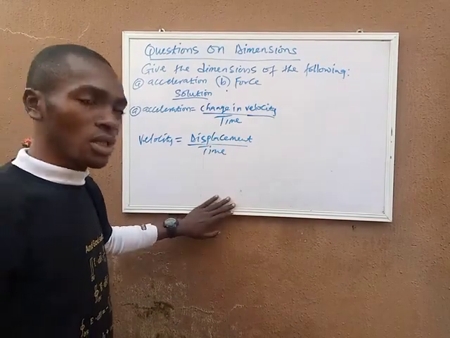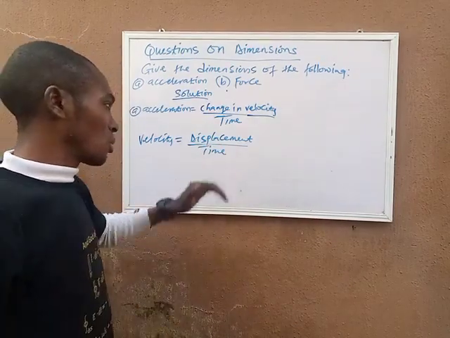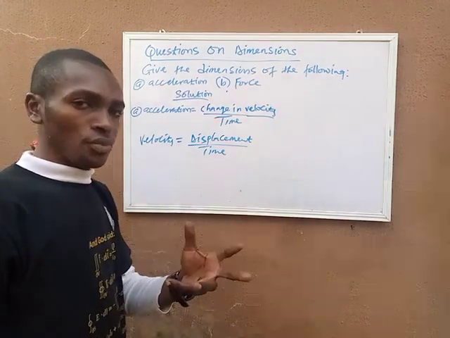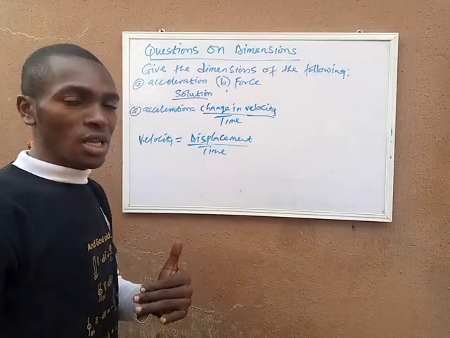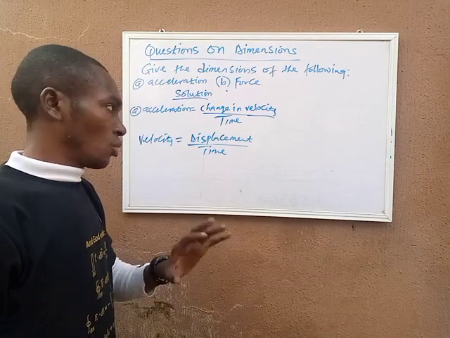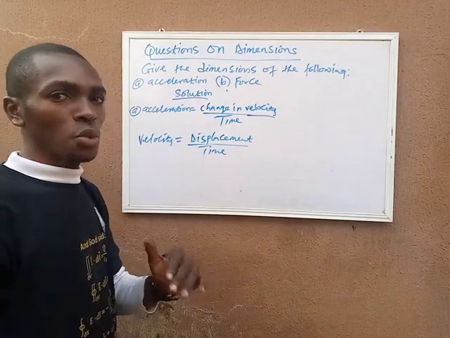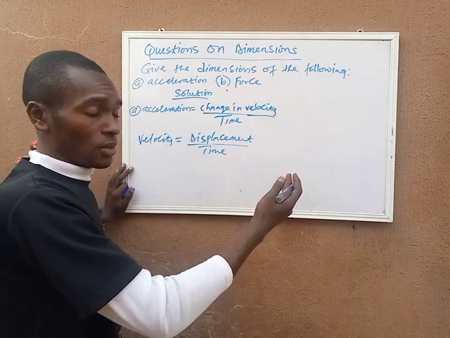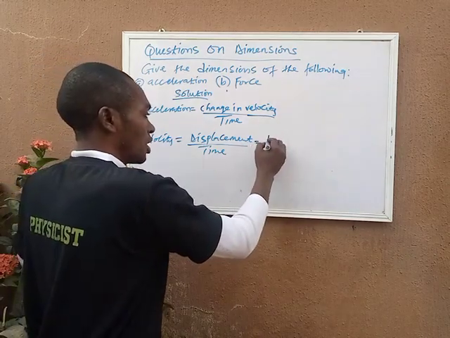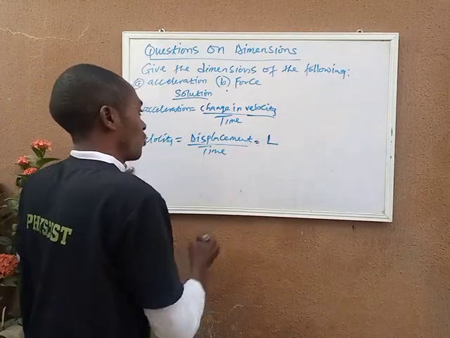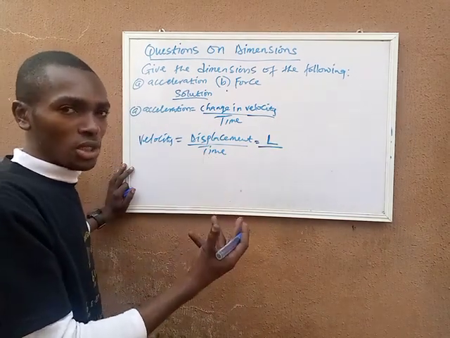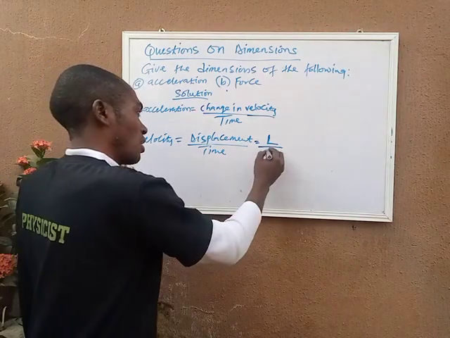Distance is also the same thing as length. So displacement here will stand for L. One of the hints we gave is that L stands for length, and anytime you have distance, you replace it with the letter L. So we have displacement, which is the same thing as distance, represented with the capital letter L. And then over time, we said time is a fundamental quantity, represented with the letter T.